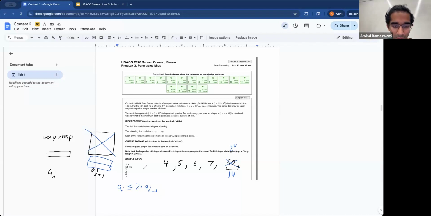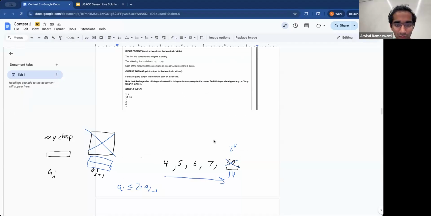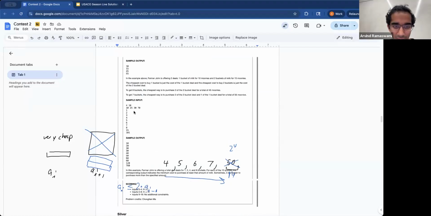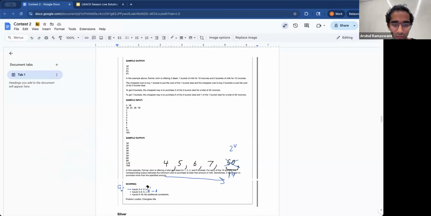We can go from left to right to pre-process the input to make sure that this condition holds. Let me look at the sample case. It says the four costs are 10, 25, 30, and 70.